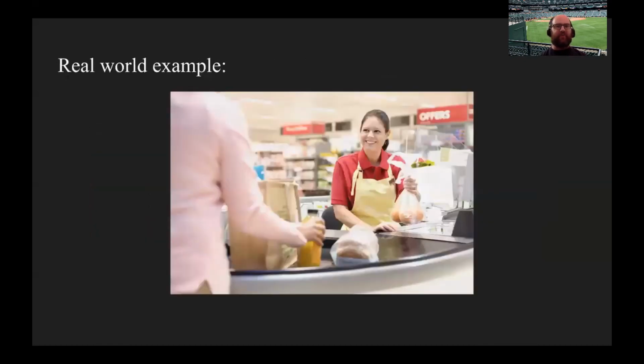Let's look at a quick real world example. Suppose you're waiting in line for your order at the grocery store. There's different parts of the grocery store checkout process that correspond to different amounts of time. We have the parts of the process that are a fixed amount of time, no matter how big your order is.